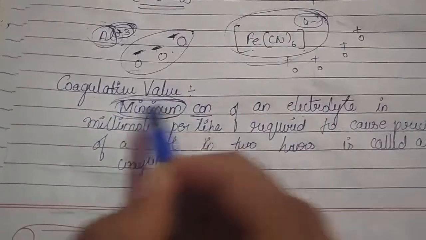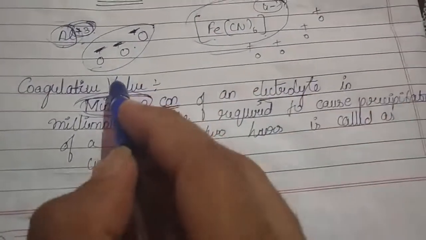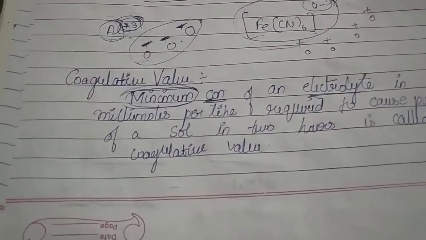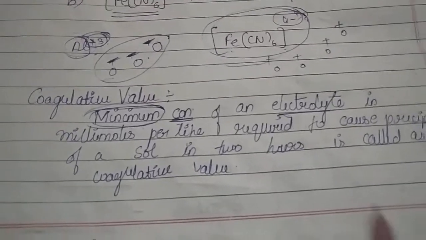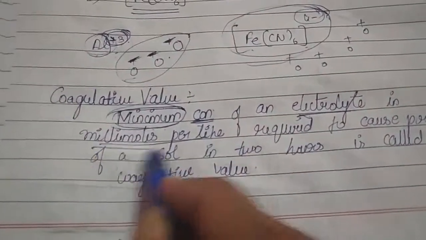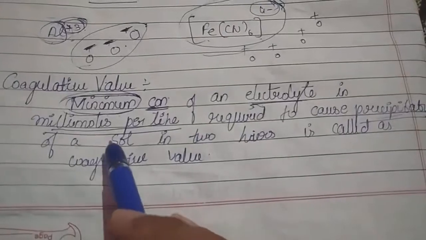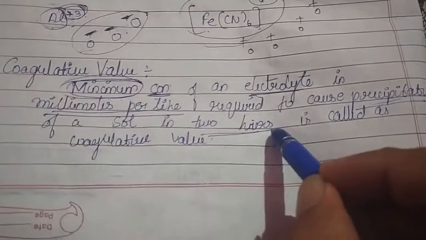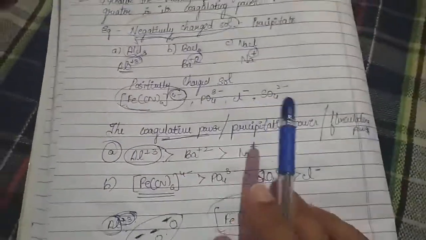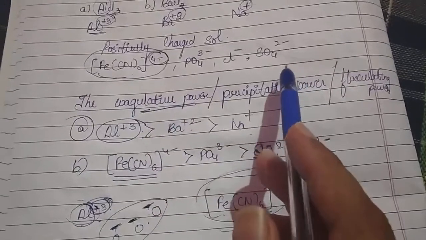It is the minimum concentration of an electrolyte, in terms of millimoles per liter, that is required to cause the precipitation of a colloidal salt in 2 hours. That is called the coagulative value. So when we were seeing the Hardy-Schulze rule, there we chose not the coagulative power.